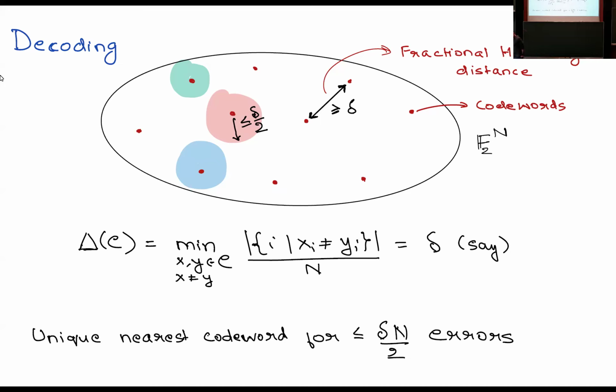So if I want to uniquely identify what was sent, the best number of corruptions I can recover from is delta n over 2, or delta over 2 fraction. And we'll see a little bit of an update on this, but are we okay with this so far? Okay. Delta, again, to remind you, will always denote the distance of our code.